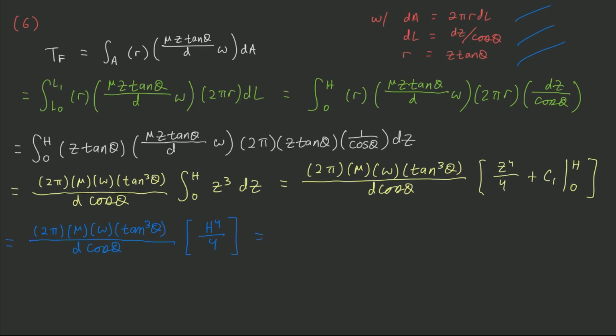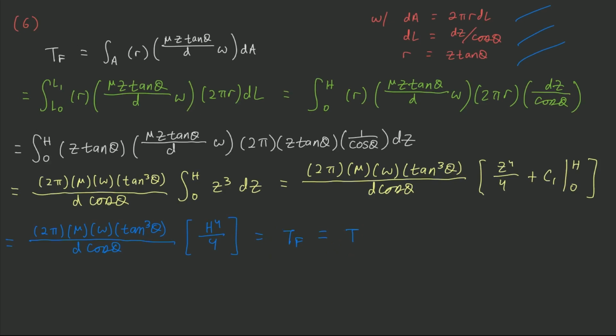And this is equal to TF, or the magnitude of the viscous torque, which is equal to the magnitude of the applied torque. So remember, the magnitude of our viscous torque, TF, is equal to the magnitude of our applied torque, T, and that's from our Newton's second law for rotation.